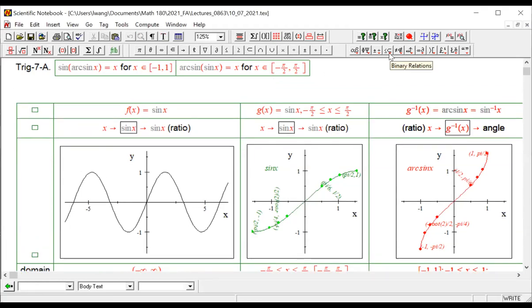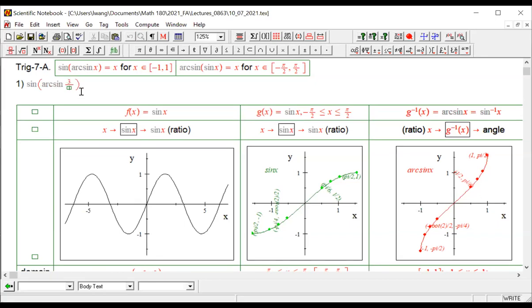The first one, trig 7A. The first one, what does that mean? It says sine of arc sine of 3/5. What does that equal to?